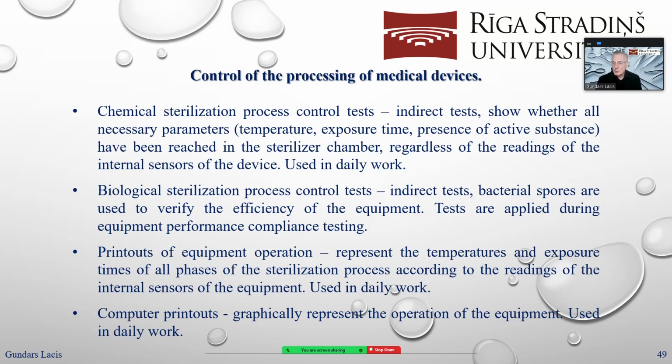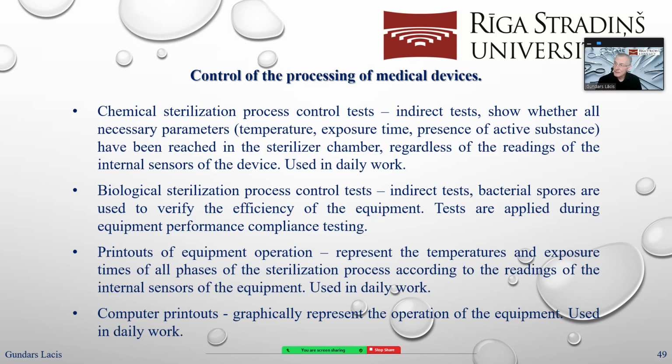Chemical sterilization process control tests are also indirect tests, showing only whether parameters were reached or not: temperature, time, and active agent. Was it or not? And no more. But they are used as daily tests.